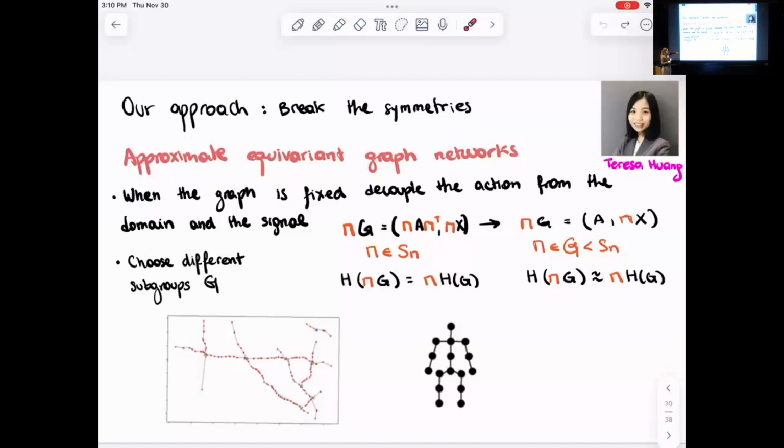So here the graph is fixed, and there's a time dependent signal on each node of the graph that you want to predict. And the claim is that the message passing architecture implements more symmetries than the problem has, and you may want to use something that doesn't implement so many symmetries to make it more expressive.